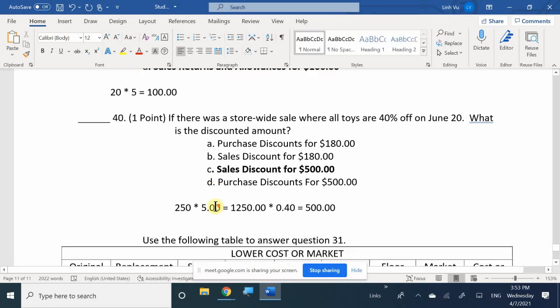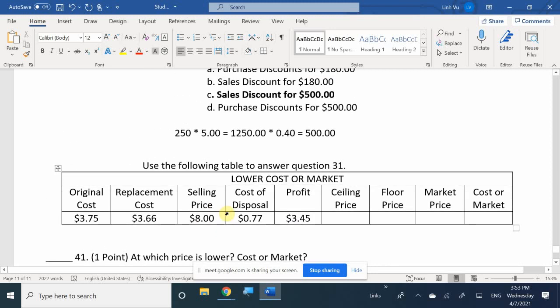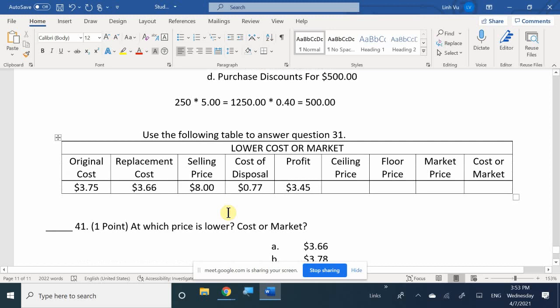The last question here is to compute the lower of cost or market. Here's the example. I originally purchased something at $3.75 each, the market's telling me it's now $3.66, I sell the item for $8, it's going to cost me 77 cents to dispose, and my amount of profit is $3.45. First things first, how do I solve for my ceiling price?